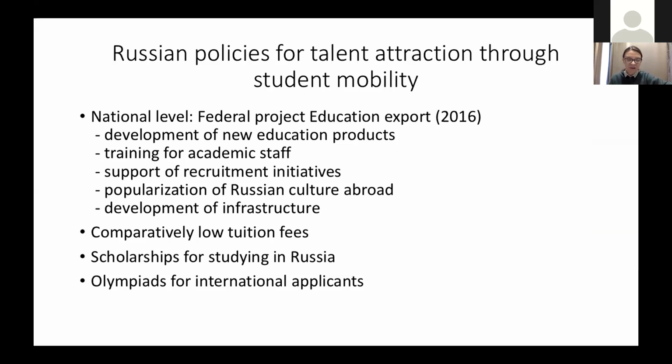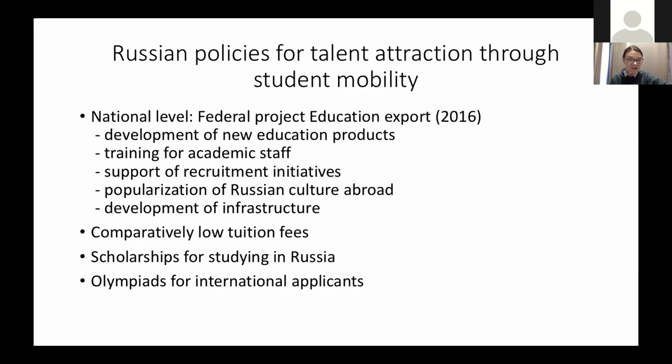Another important pull factor is scholarships for studying in Russia, and this is quite a large initiative. Altogether, there are more than 20,000 full tuition and living scholarships for students who demonstrate academic excellence.